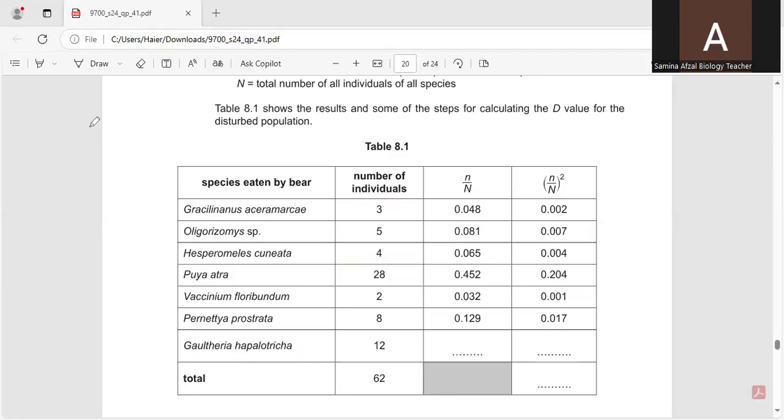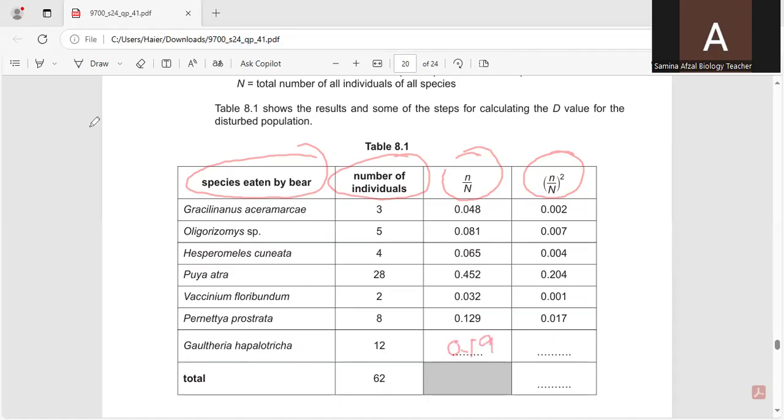Here you can see, first of all, the first column is the species eaten by the bear, the different species, and then the number of individuals eaten. Then small n over capital N. Here it is 12, and the total number is 62. So students, you have to divide 12 by 62. The answer will be 0.19.